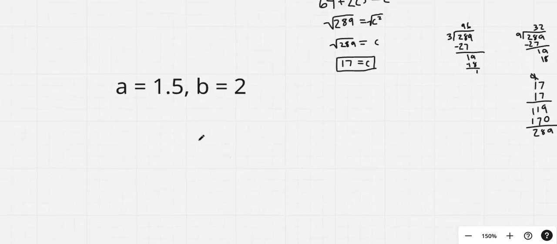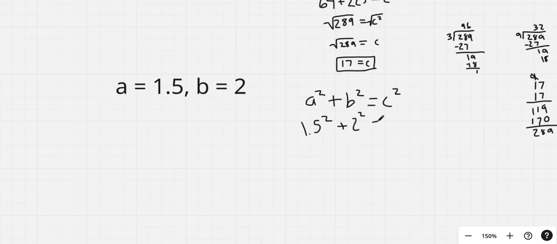Our next one here is A is 1.5, B is 2. So we're going to rewrite our Pythagorean theorem, which is A squared plus B squared equals C squared. Instead of A, we're going to write 1.5 squared plus B squared, which is 2 squared, equals C squared.